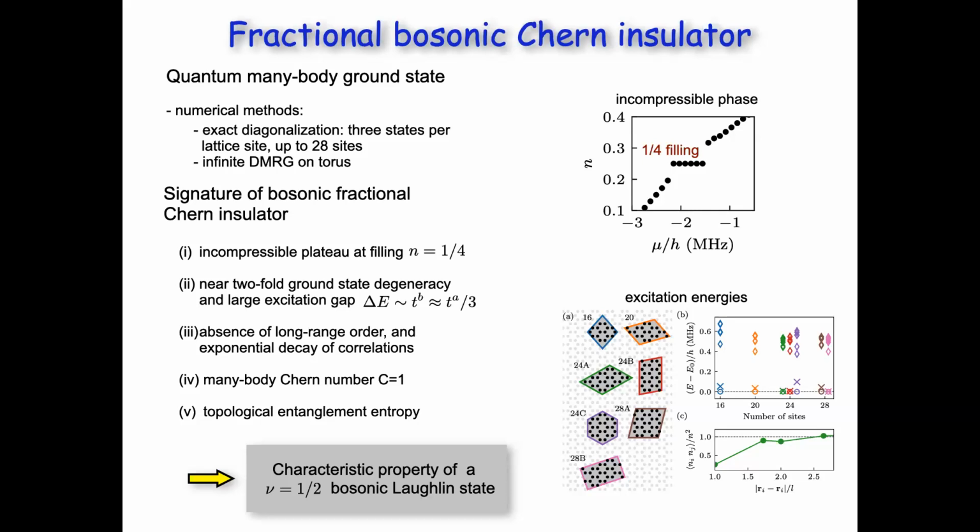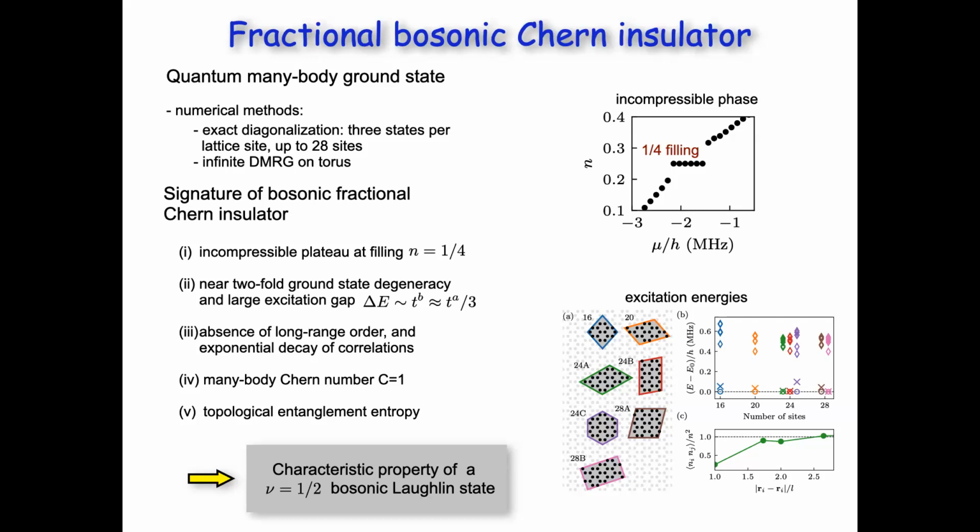Then, if you do exact diagonalization, one sees a robust twofold ground state degeneracy. So we choose different tessellations of the lattice to ensure that it is not just an artifact of how we choose the boundary conditions, to demonstrate that the excitation gap is robust and the near degeneracy of our system.